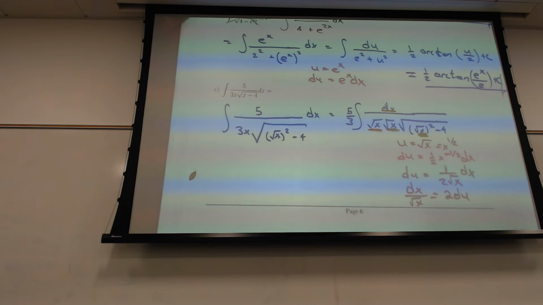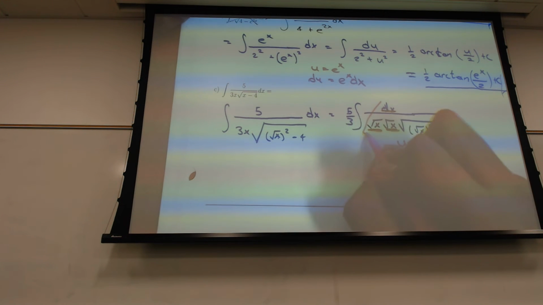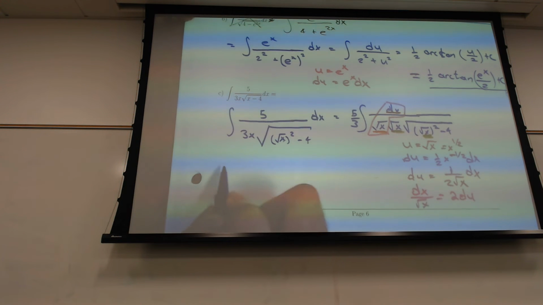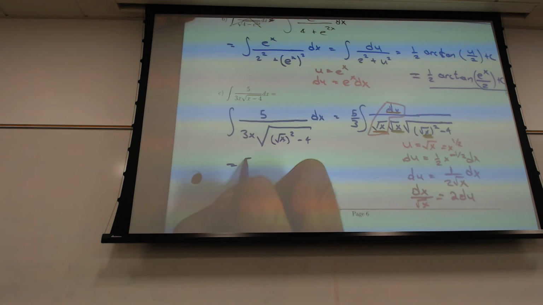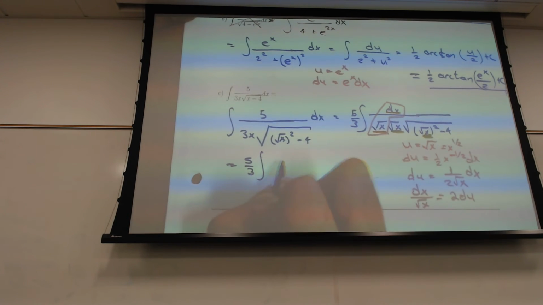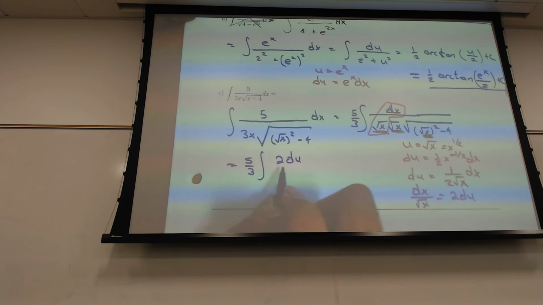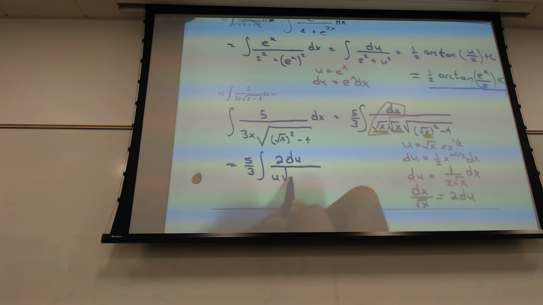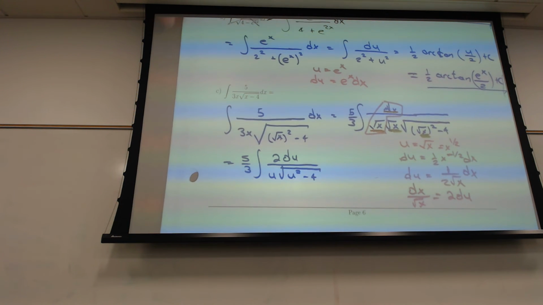So I'm going to replace this dx, all this right here, with simply the 2 du divided by u square root of u squared minus 4. All right, and in this case, what are we going to get?